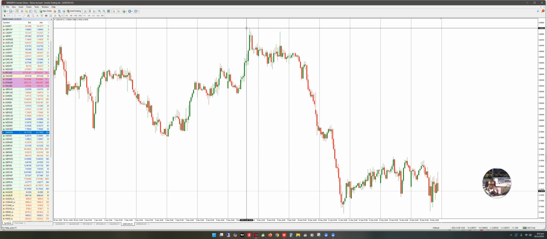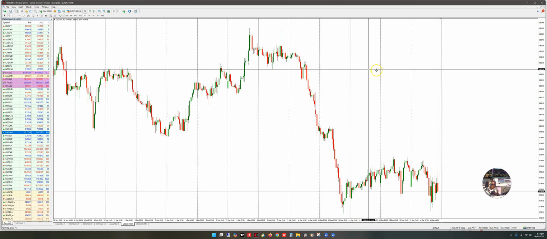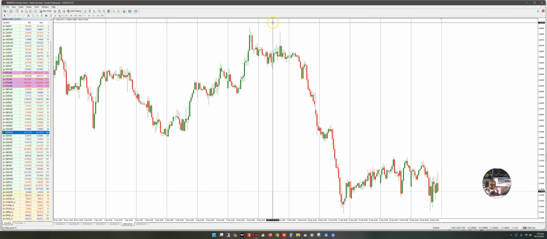Once you pick your crosshair, you left click on it, then you drag. Within a particular time frame, between 0.89 and 0.8, you'll be having grossly 90 pips.